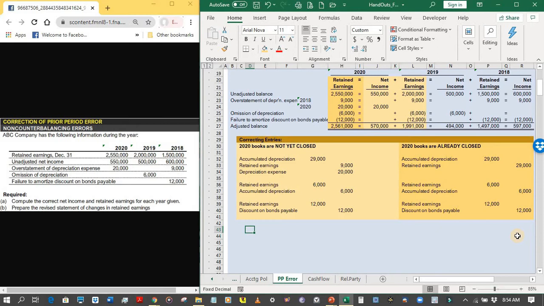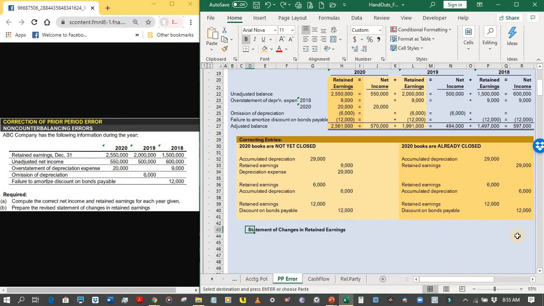Of course, if errors were discovered in 2020, we will prepare the financial statements only after we have corrected the errors. But for 2019, since the financial statements in 2019 were already published, we need to revise the 2019 account balances when it will be comparative with 2020.